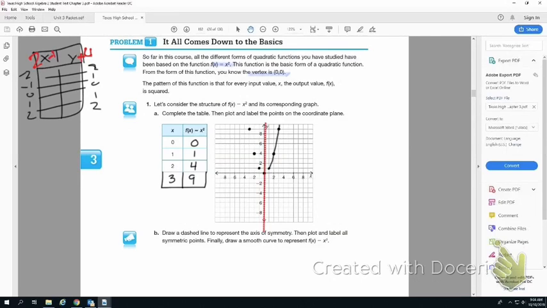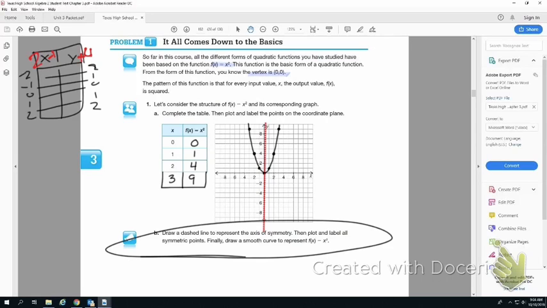And then you'll have your parabola. And that's what B is saying down there. That's what B is telling us to do, is to graph the points that reflect across that axis. All right, go ahead and flip over to the next page.